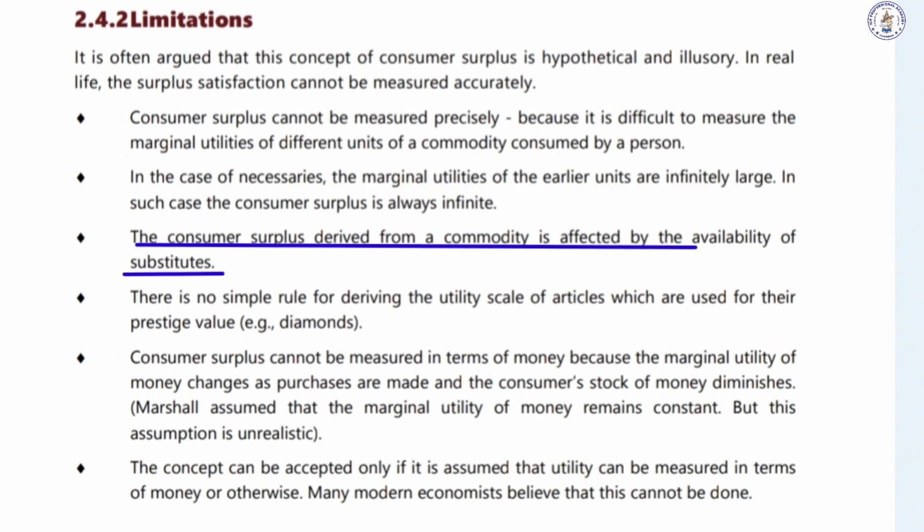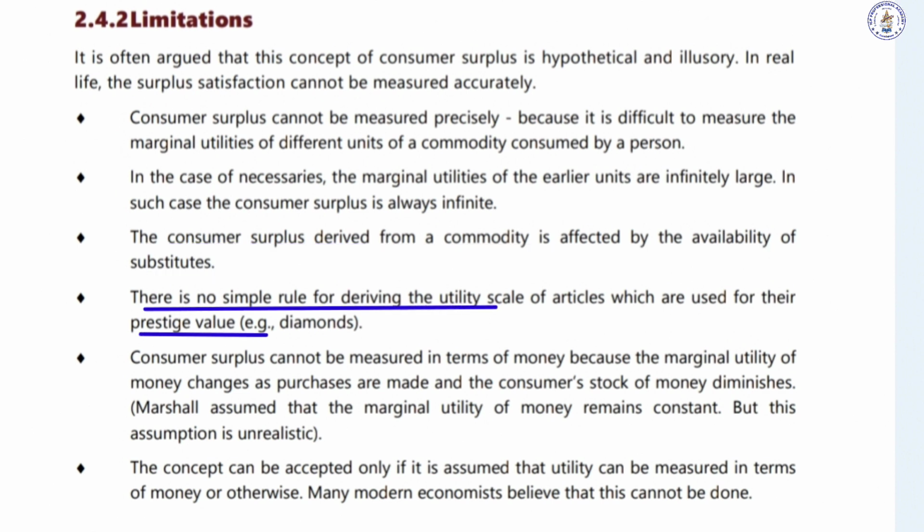Next, if there are perfect substitutes available, the consumer surplus of the product he was originally using cannot be measured correctly. Next, as we already discussed, certain prestigious value products cannot follow the law of diminishing utility. There the consumer surplus will be even more when the prices are higher, because it is a status symbol.